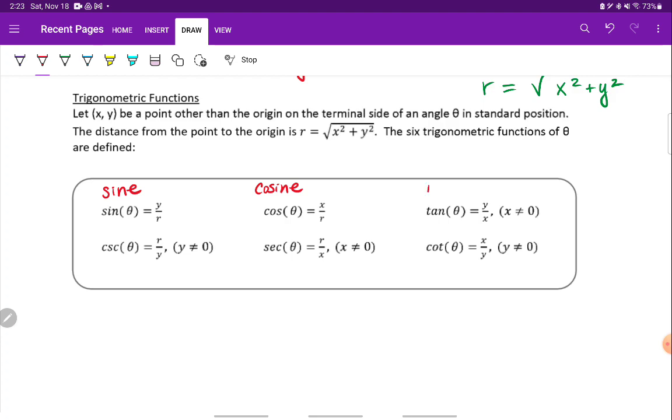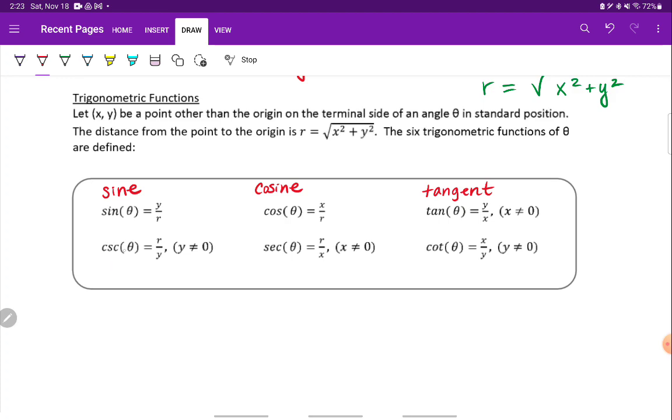TAN is the abbreviation for tangent. Tangent of theta is equal to y over x, where x is not equal to 0, because if x was 0, we'd have a 0 in the denominator, and that would make our function undefined.